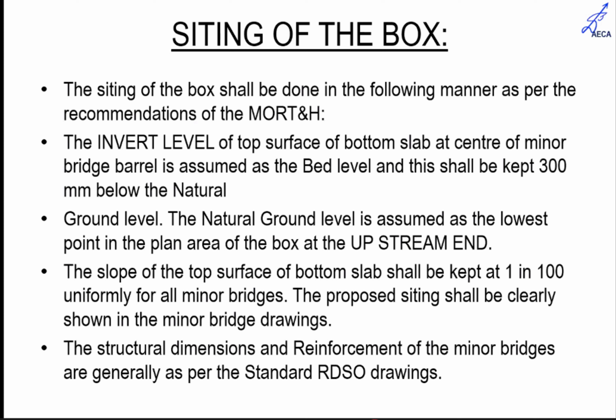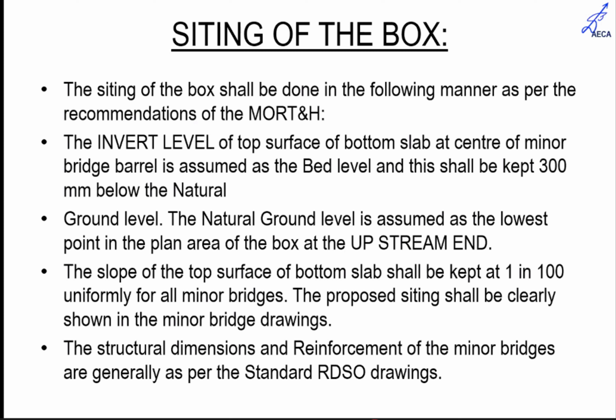Now, actual siting of the box. What are the aspects which are considered here? What is done is to identify the lowest bed level on the upstream side. This is considered to be the natural ground level. And then the invert level of the top surface of the bottom slab of the bridge barrel is kept 300 mm below the natural ground level.